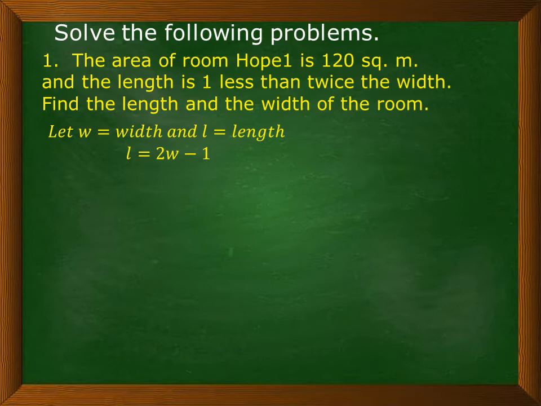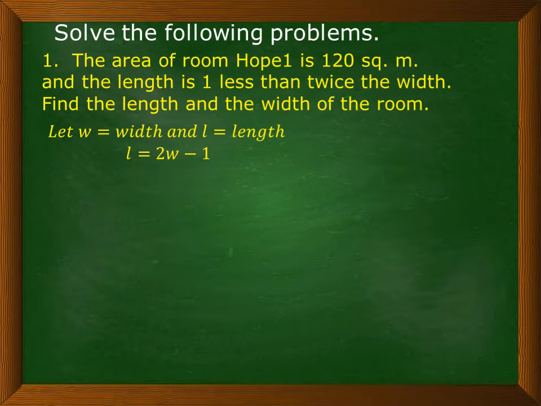So minus 1 is 1 less than the twice of width. So twice of width is 2W. That's why you have L, or the length, is twice the width less 1. It starts backward.